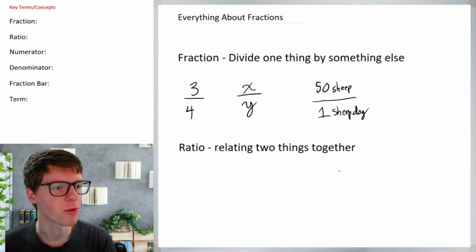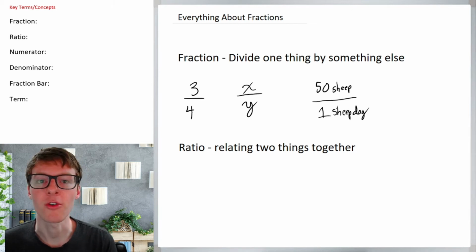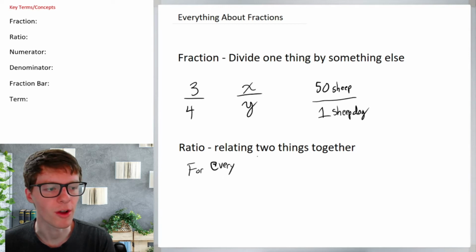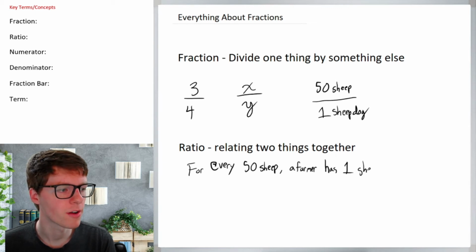So for example, for a ratio here, this 50 sheep to 1 sheepdog, this is a ratio. So this is saying for every 50 sheep, a farmer has 1 sheepdog.